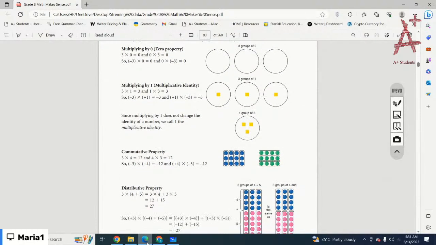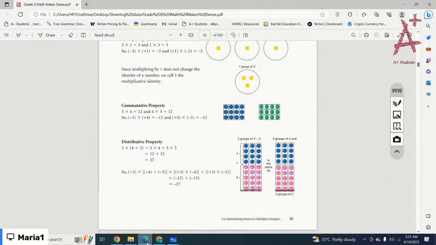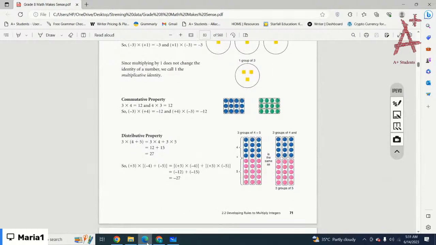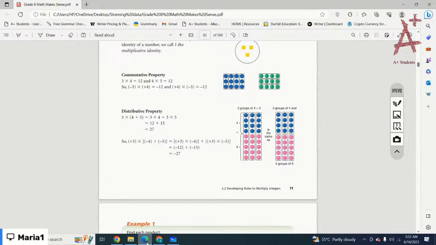The next one is the commutative property. Commutative property means if you are doing 3 times 4 and 4 times 3, that is exactly the same. Order doesn't matter if you change the order. Got it? The next one is the distributive property.